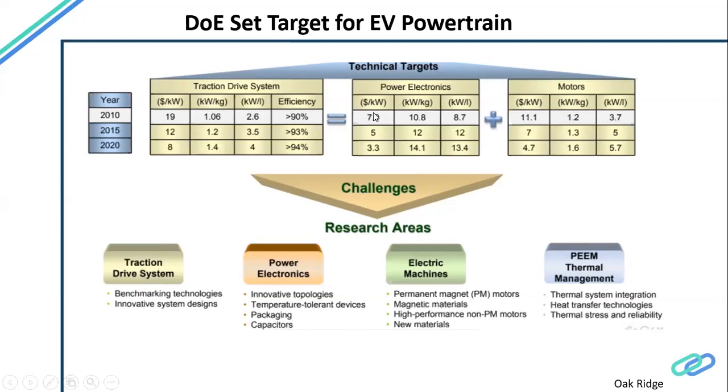But in terms of cost, we are still not there; we are still struggling to get close to these numbers. This is a very good reference chart where you can see where your design stands and where you want to move forward. There are also some research areas mentioned here, which you can go through later.